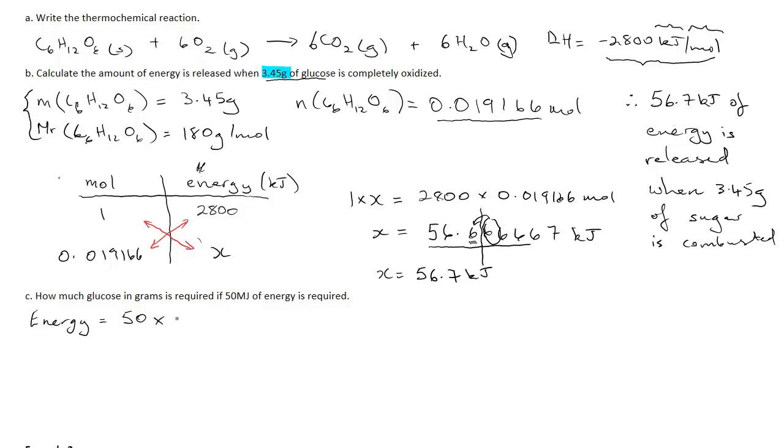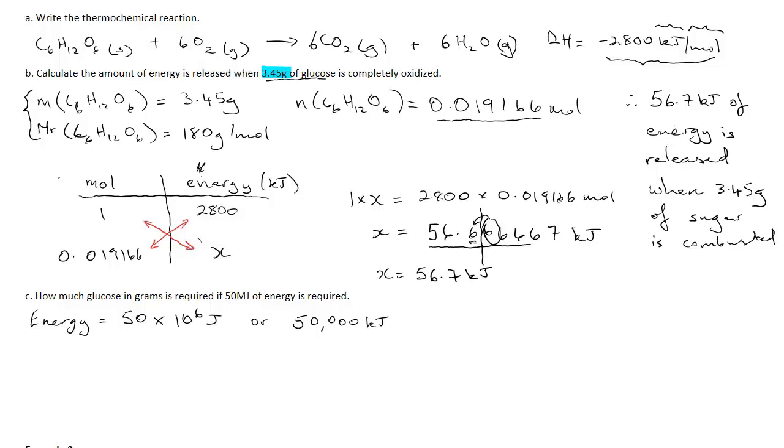So 50 megajoules is 50 times 10 to the 6 joules, or it can be considered as 50,000 kilojoules. You would take the joules and divide it by 1,000, and then you would get 50,000. So that's how many kilojoules you have.